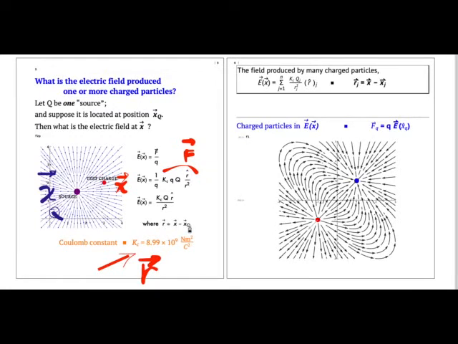It's x minus x sub Q. You know, if I set up some coordinate system where this is the origin, then x sub Q would be this vector, x would be this vector, and x minus x sub Q would be this vector. Or x sub Q plus r is the position x.